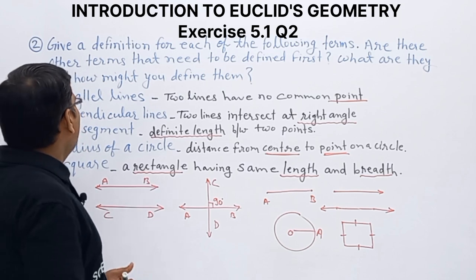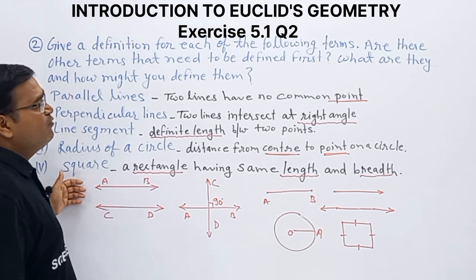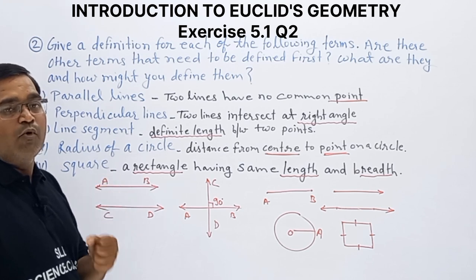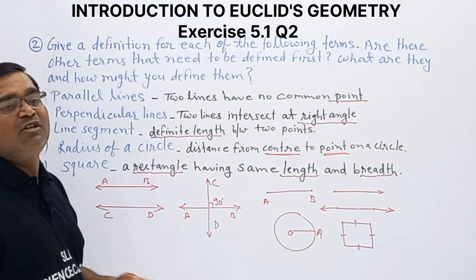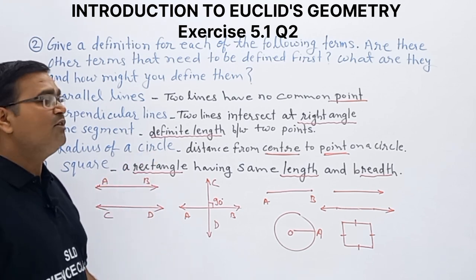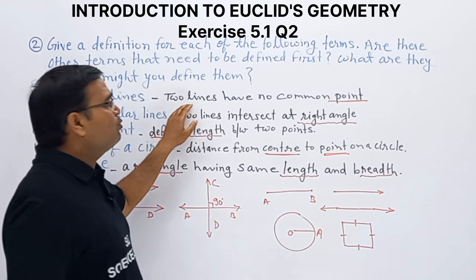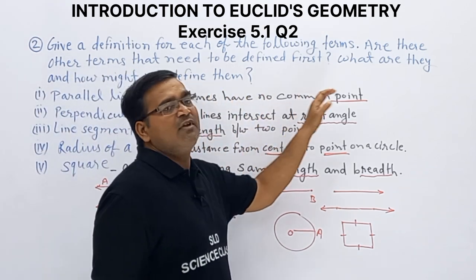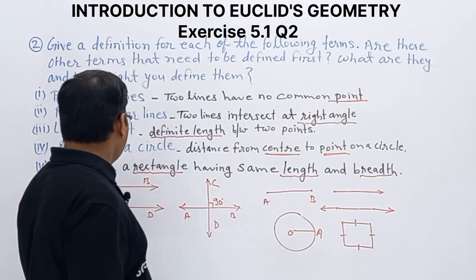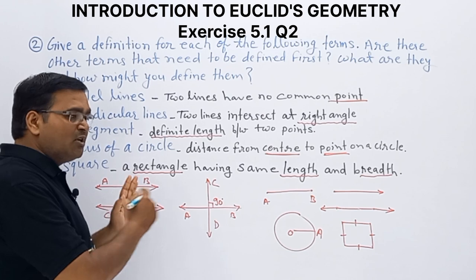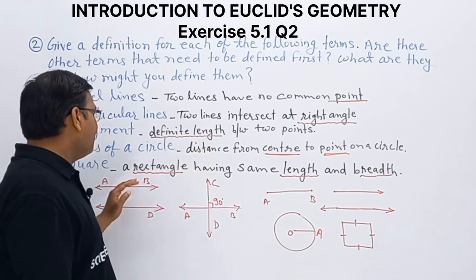Observe again, we have 5 terms. We want the definitions of these terms, and we want to find which terms in these definitions are undefined. First is parallel lines. Two lines are parallel if they do not have a common point, and when produced indefinitely on both sides they never intersect.